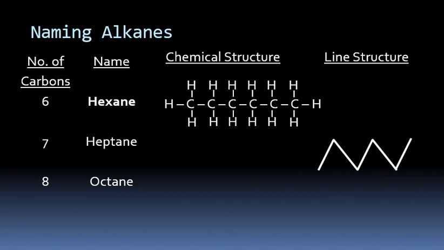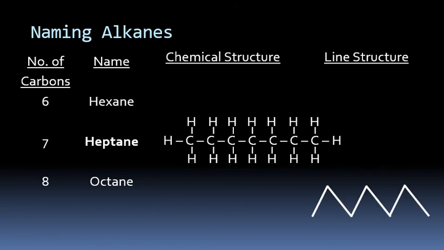Boom. Going on to heptane. Heptane would be 7. So for these alkanes, we are just dealing with straight chain hydrocarbons. So if you want to draw the chemical structure, you can simply draw it straight out, or you can zigzag if you want, just as long as each carbon is bound to another one, and then you fill in the remaining 3 or 2 spots with hydrogen.